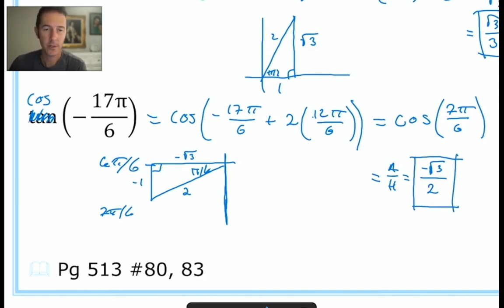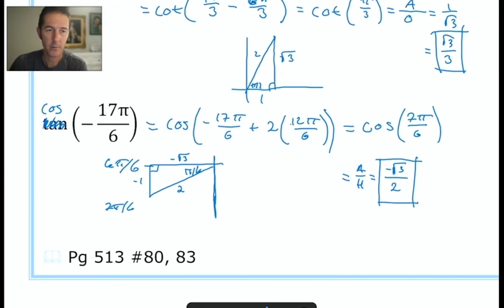And it's nice we get to see these problems where we have to mix multiple techniques or tools or tricks or whatever you want to call them. So we had to know about coterminal angles. We needed to know about the period of our various functions, from the cotangent function to the cosine function. We needed to know about reference angles and where to be drawing our diagrams.